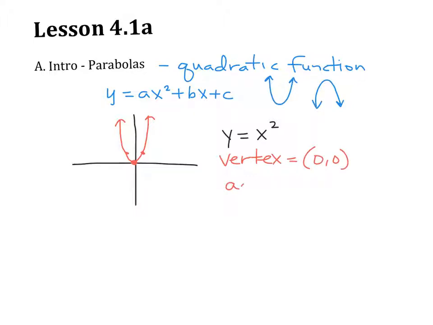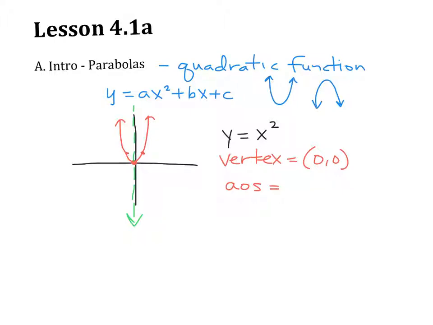And then there's this AOS. Do you remember what AOS was? Axis of symmetry. So parabolas are always symmetrical. So your axis of symmetry is the place where you could fold that parabola and it will match up perfectly on the other side.